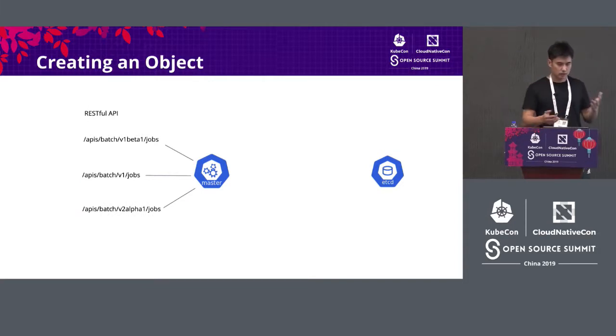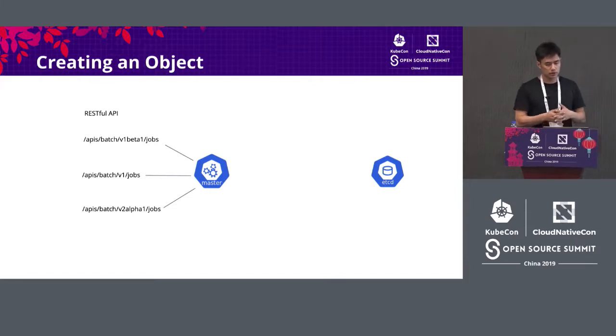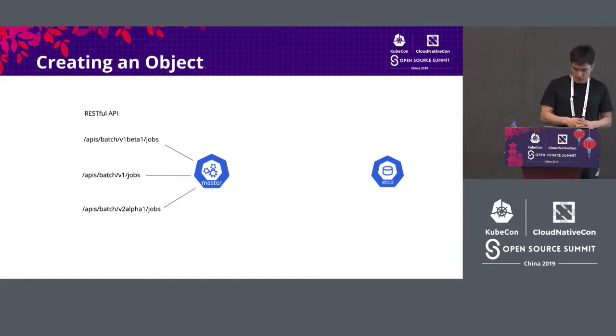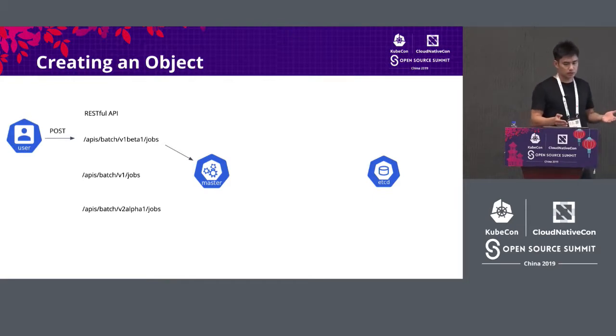Now let's look at these API paths dynamically, and see how things work when the API server is actually taking a request. First, let's look at when the user is creating an object. The user might choose to post their object to the v1beta1 jobs URL.